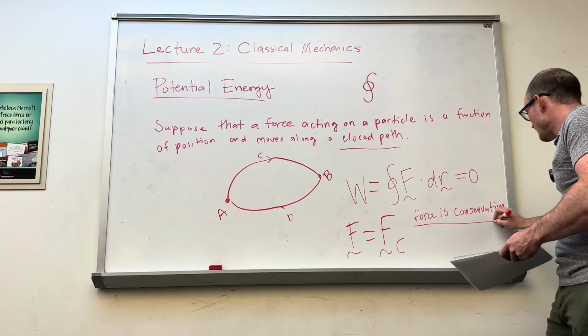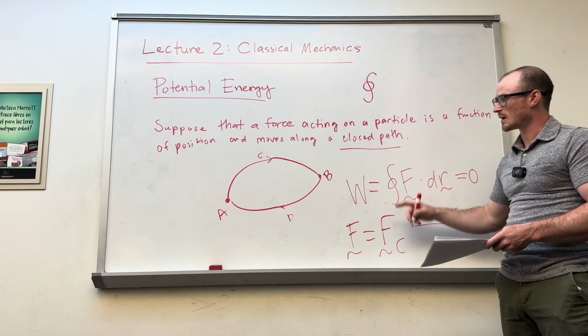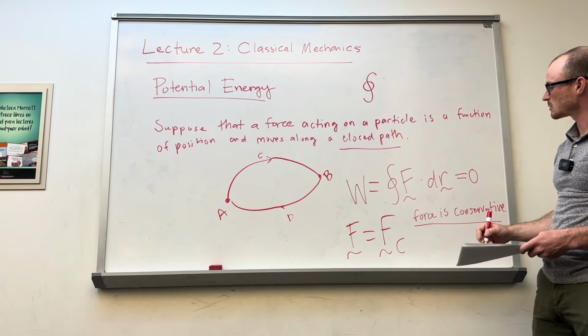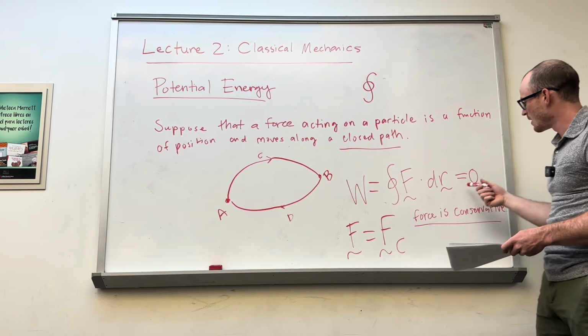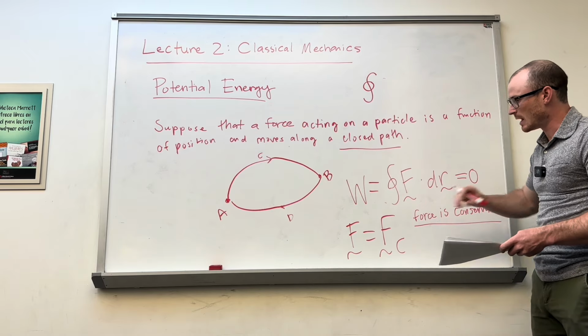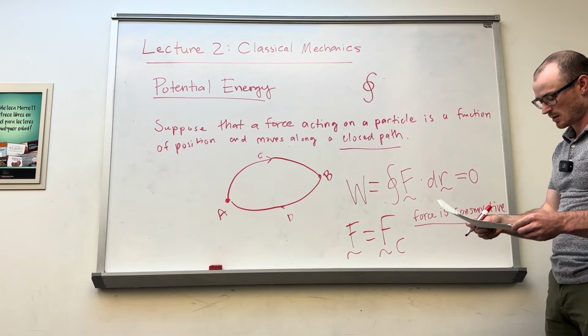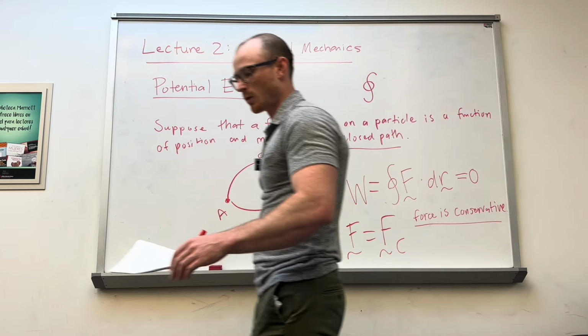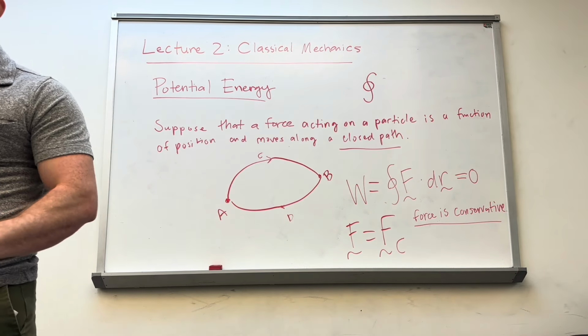So by the definition of a conservative force, if a particle goes through a closed path and you calculate the work and it equals 0, then the particle is moving under a conservative force.